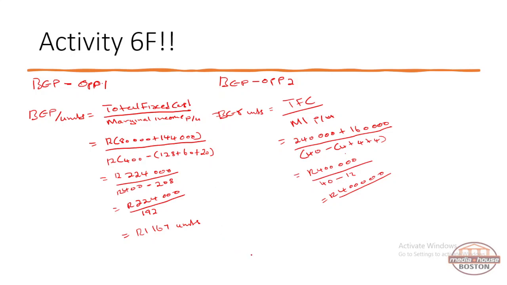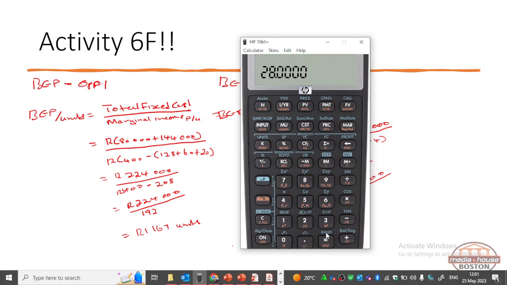So therefore we're gonna have 400,000 divided by 28. Sorry, 400 divided by 28.